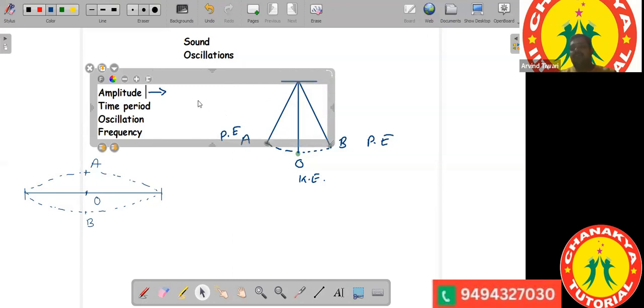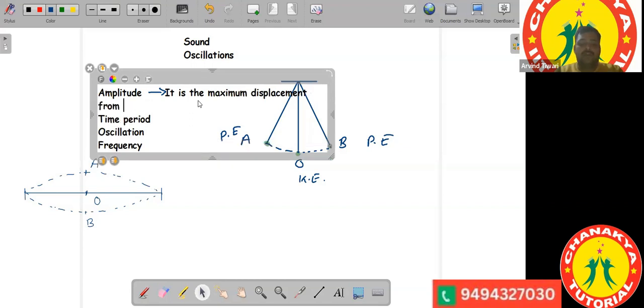Amplitude can be defined for any oscillating particle, and a wave consists of oscillating particles. So what is amplitude? It is defined as the maximum displacement from the mean position.